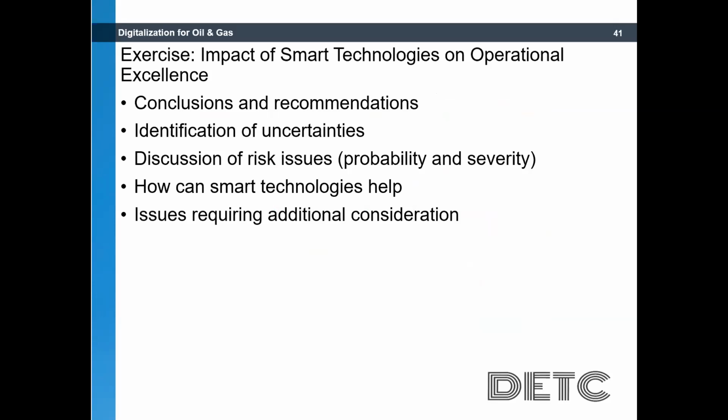You can study the paper and make conclusions and recommendations about how the smart technologies and sensors have impacted the McKinsey case, and identify uncertainties that need to be addressed, and discuss the risk issues in terms of how probable they are and what implications and consequences they can have, and how we can add more emerging technologies that are emerging today to prevent such incidents, and the issues that require to be considered, such as the cultural aspects, the generational gap of the workplace.